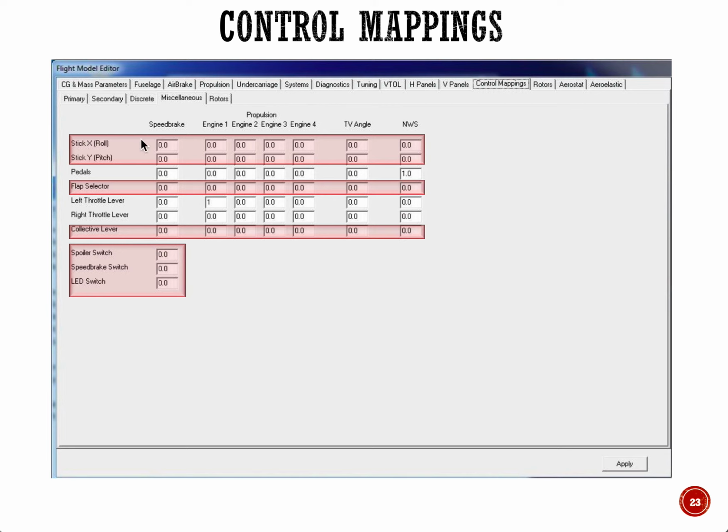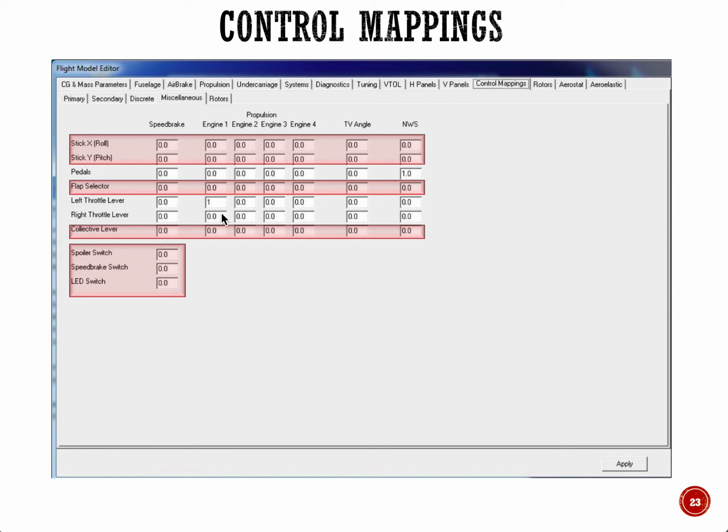And then just keep these red things whatever is already in the example file, just keep it the same. But one thing you have to specify is the left throttle lever and right throttle lever. If you have two engines, you have to make sure the left throttle lever controls engine one, the right throttle lever controls engine two, and so on. So this is where you specify how you control the engines, the throttle. And the spoiler switch brake, just leave it as it is.